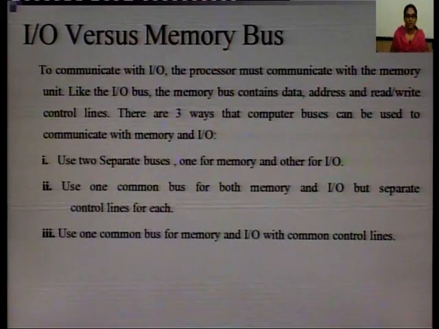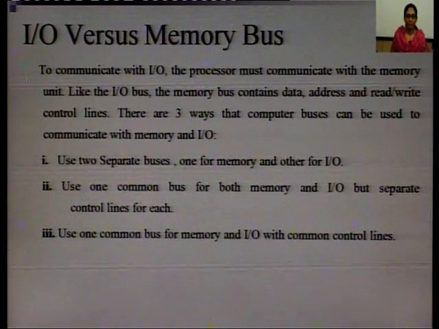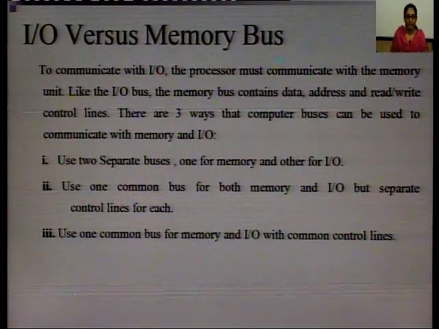Next topic is input output versus memory bus. To communicate with input output, the processor must also communicate with the memory unit. Like the input output bus, the memory bus also contains data, address and read write control lines. There are three ways that a bus can be used to communicate with the memory and input output.